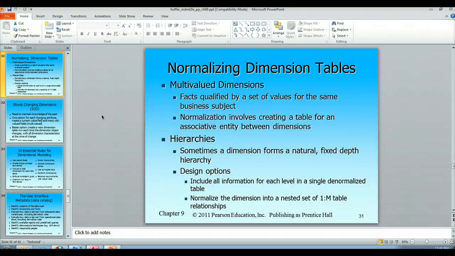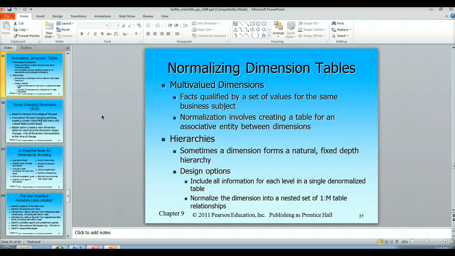So if we find that we're in a multi-valued dimension like that, we may set up an associative entity between our fact table and our dimension, or between our dimension and its dimension, when we get into the snowflake and the constellation type of arrangements, which is beyond the star schema.